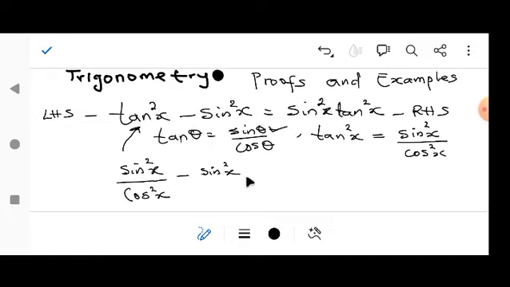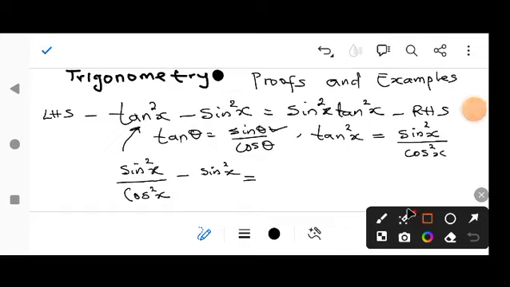Good. So let's work with the left hand side. Let's make the left hand side look like this right hand side. So what we are trying to do in essence is that we want this part of this equation to be equal to this part of this equation, right? That's what we want.